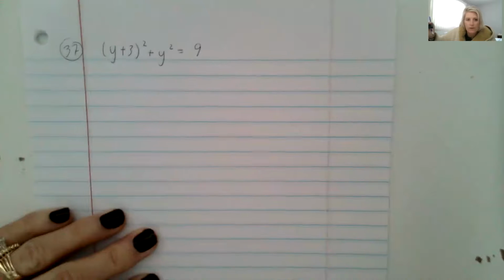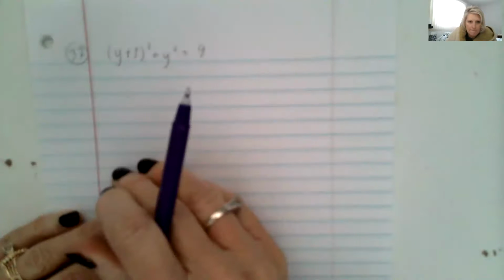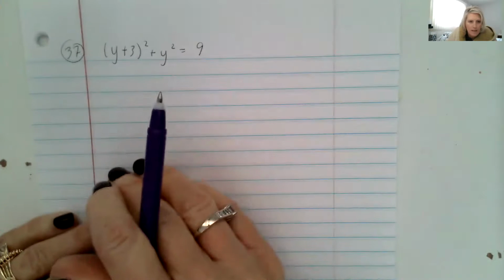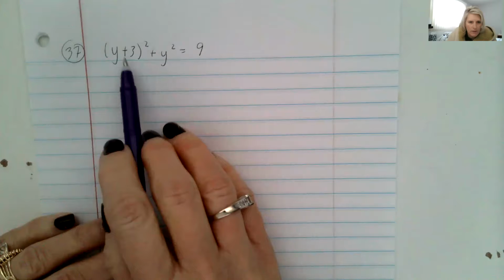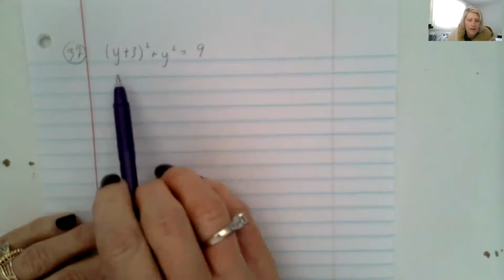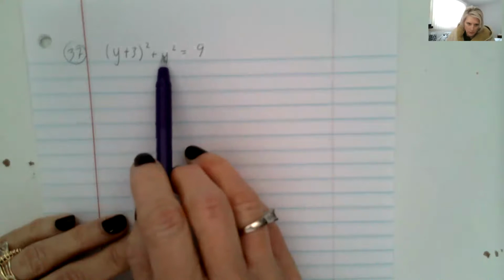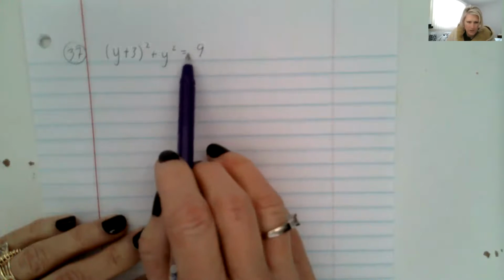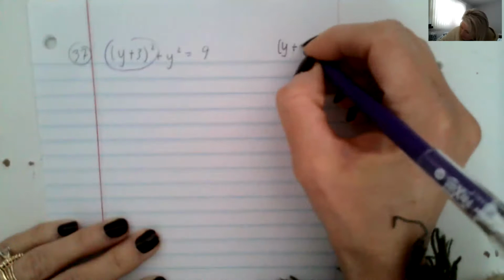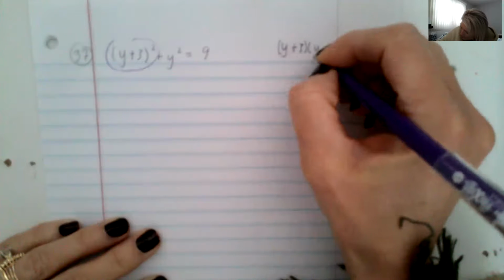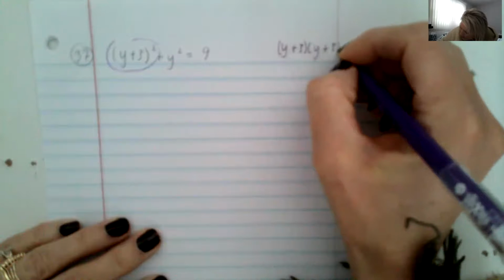And then the last one that we're going to do today is number 37. And we have this squared plus this squared equals 9. So we definitely have to multiply this out. So I'm going to do that on the side over here. We have y plus 3 times y plus 3.